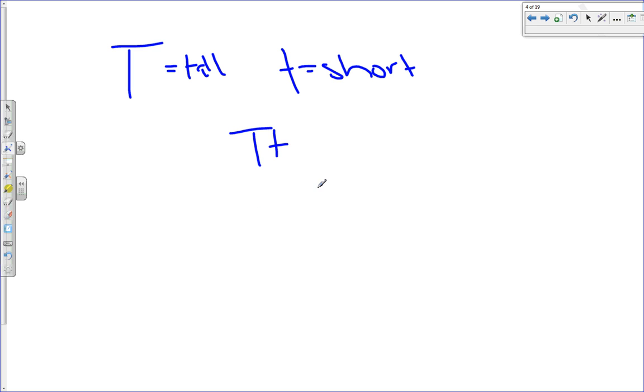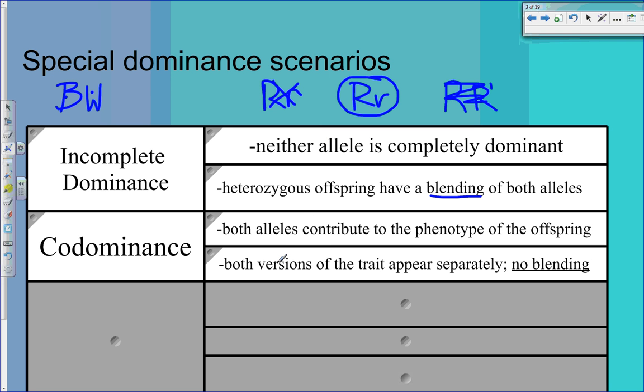So this would be medium height. In codominance, because they show up independently, would height work? I mean, it's an oxymoron to say that somebody is tall and short at the same time. You don't have a tall, short person. So in codominance, there's no blending. Both traits appear separately. And so because of that, there's obviously some traits that that's not going to work for.